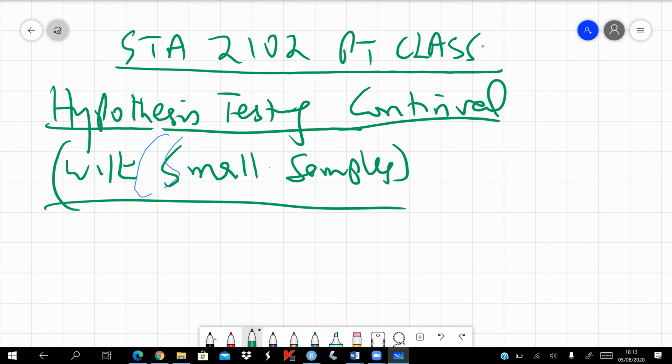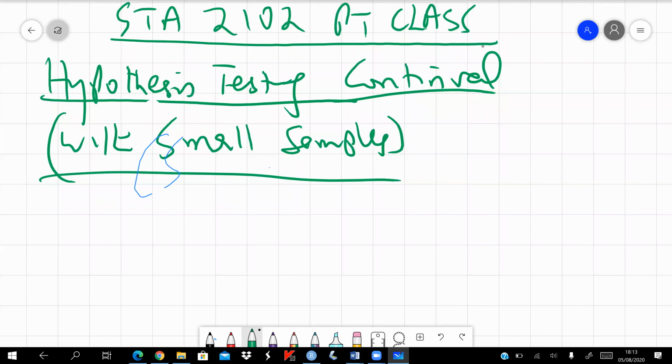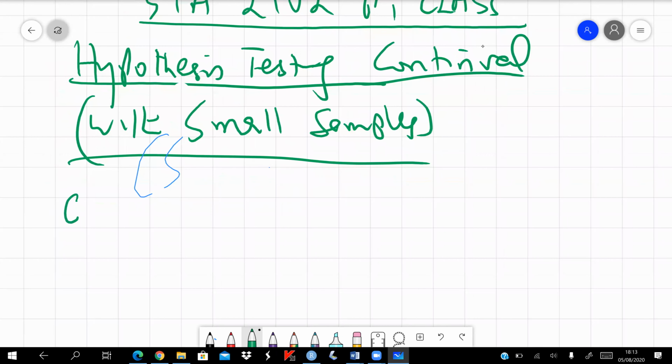Okay, so I want to start by recalling the central limit theorem. The central limit theorem has two parts.